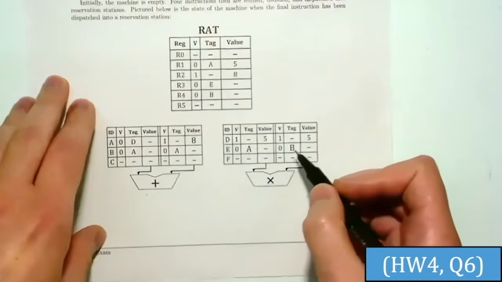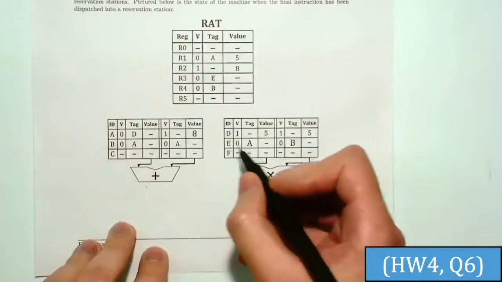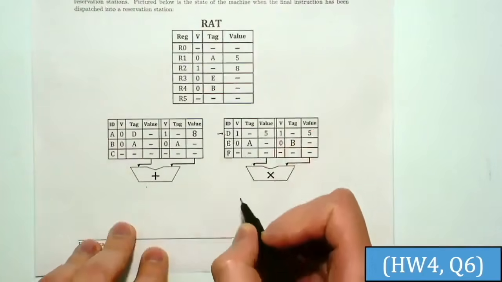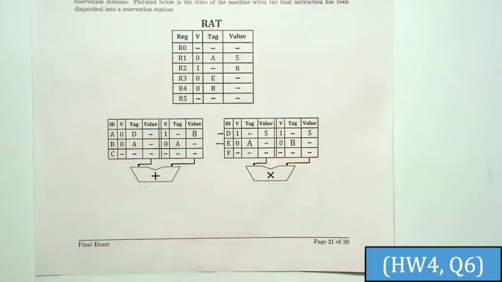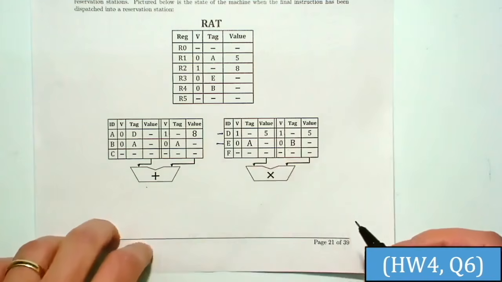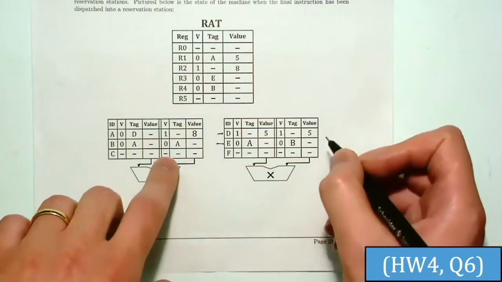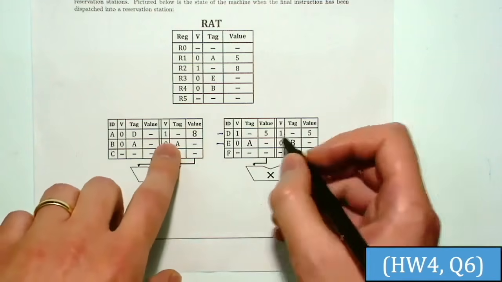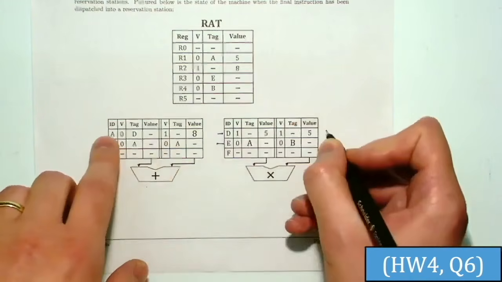So when we look at a single reservation station, we know that this instruction comes before this instruction in the program order.